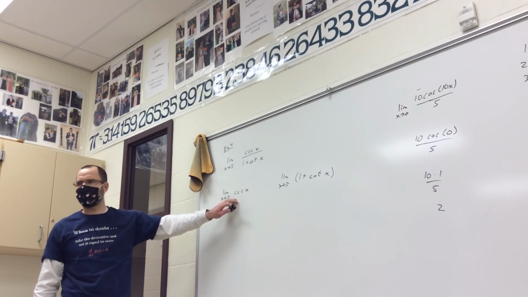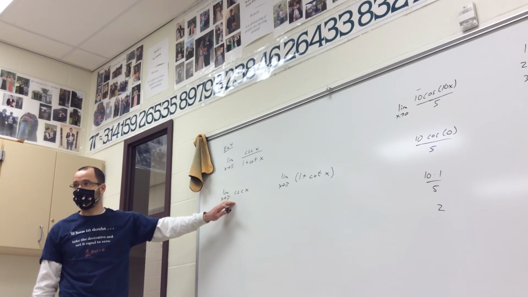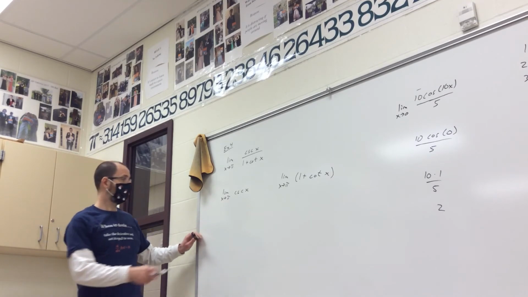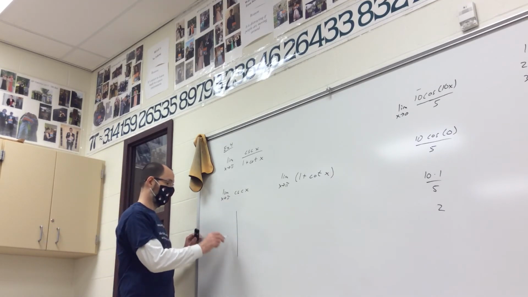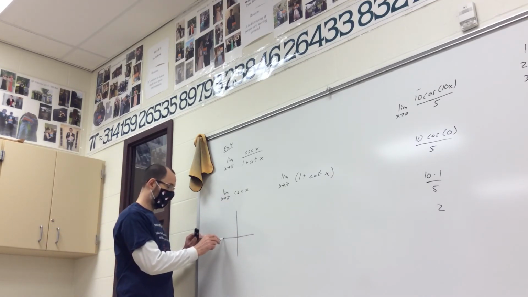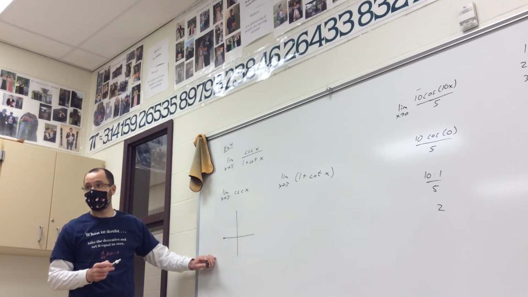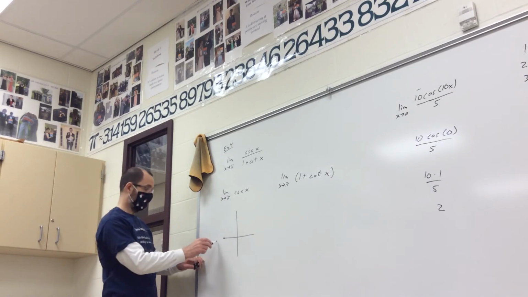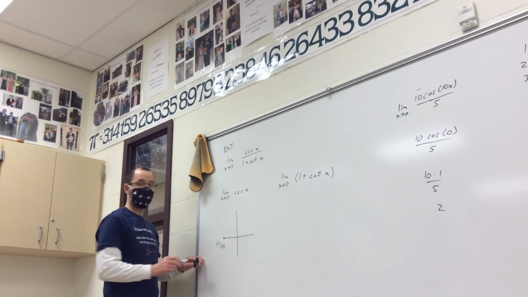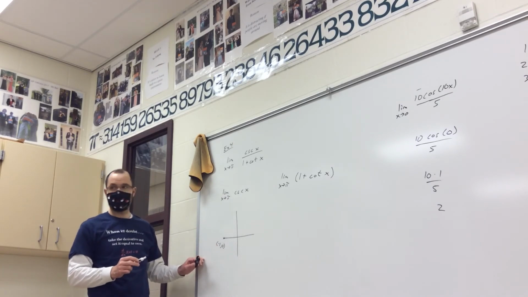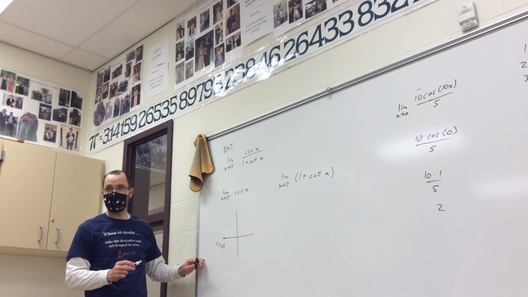So to logic this out, we're going to need the unit circle. So we're getting close to pi. There's pi. That's the point -1, 0. So we're just close to that, though. All right, so cosecant, that's the reciprocal of sine.